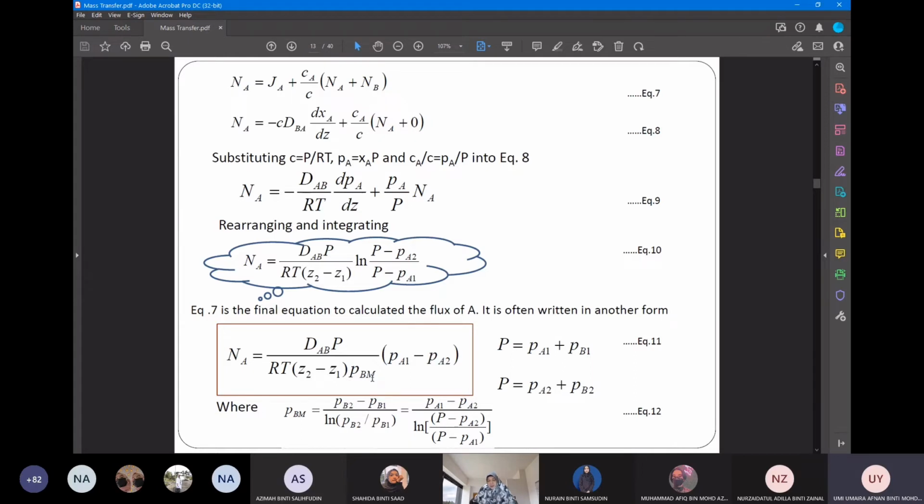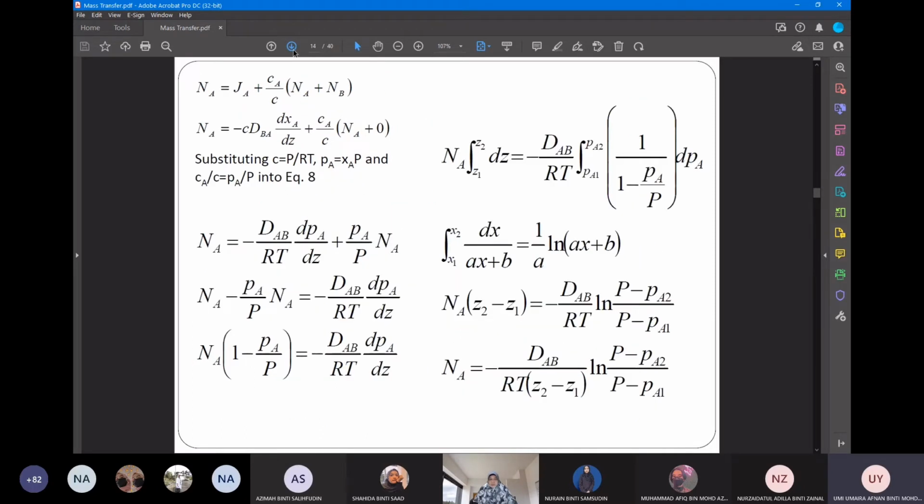If you have information on B, you use this formula. If you have information on A, you can use this formula to represent your PB. For the case of diffusion of A and non-diffusion of B, you have to follow this particular equation, where you put the non-diffusing B as NB equal to 0. All right, that's all.